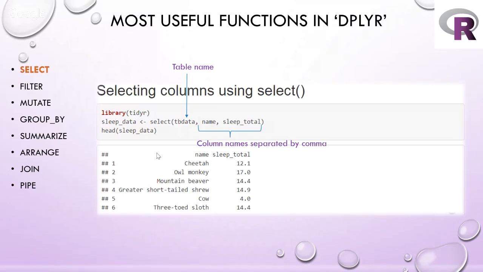That's the simple syntax for using the select statement. Then we can store this into another data set, which will contain only those columns, and we can use head to display the first 6 rows of that data set.